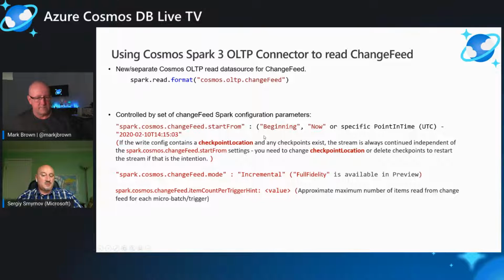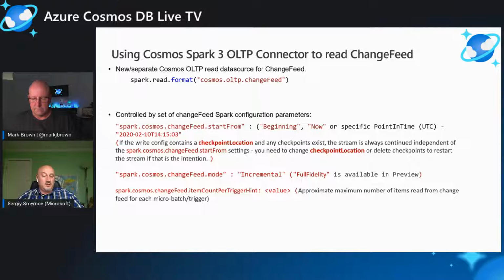You have three options: beginning, now, or a specified point in time in UTC, based on the UTC ISO format we support in Cosmos, which would give you a lot of control on data migration. So for example, if you want to do some controlled extraction of data to load a subset of data somewhere, really cool.